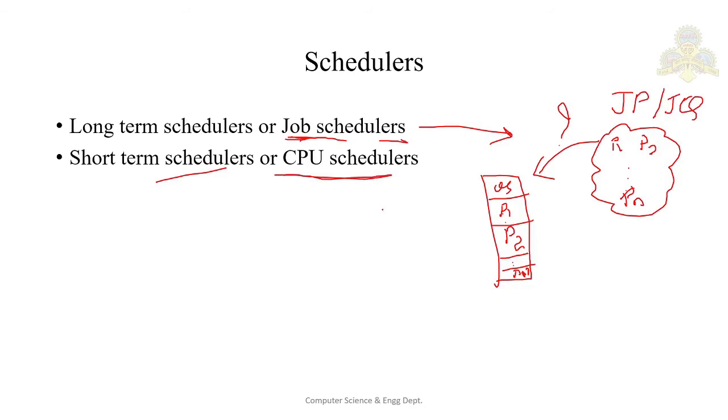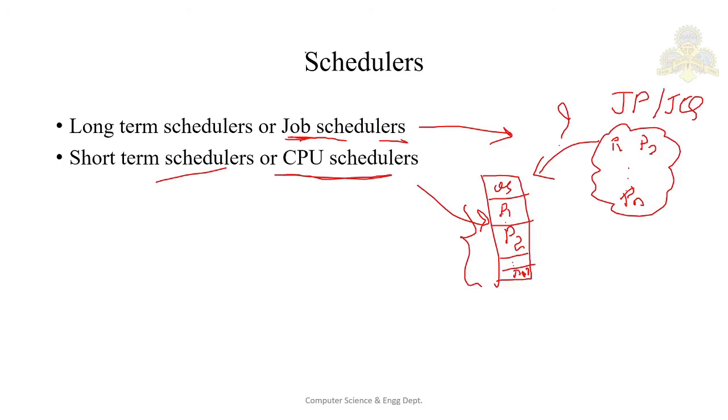Out of the processes available in the main memory, it will select one or multiple processes that are ready to be executed, and it will allocate the CPU to them.